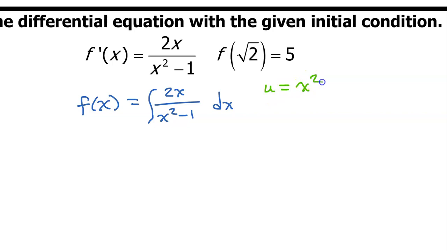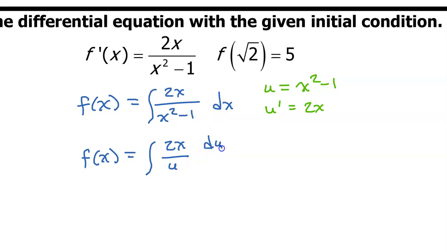So u is equal to x squared minus 1, which means u prime will equal 2x. Let's make that substitution and see what happens. So f of x will equal the integral of 2x over u. Instead of dx, we will write du divided by u prime, which is 2x.